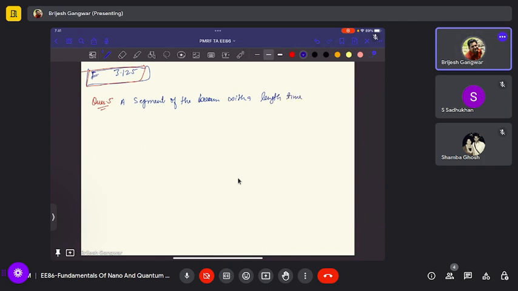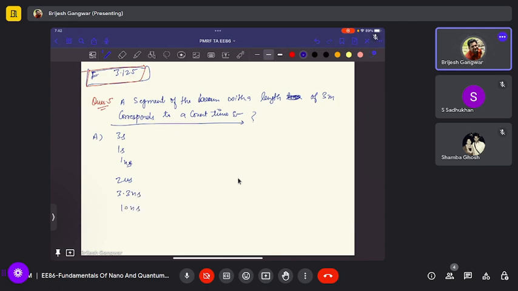Your options are 3 second, 1 second, 1 nanosecond, 2 microsecond, 3.3 nanosecond and 10 nanosecond. It would be 10 nanosecond.